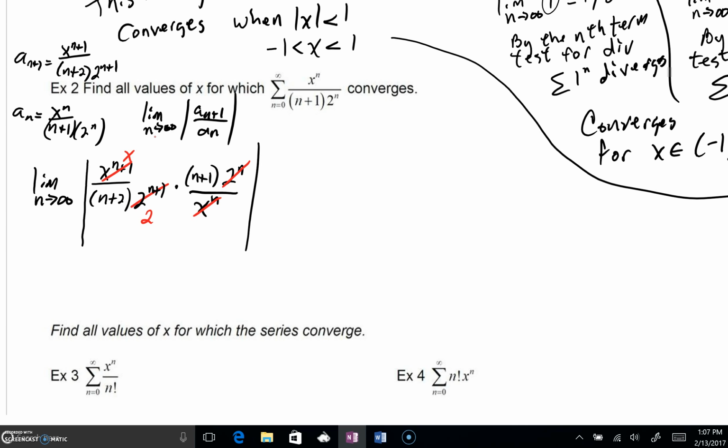I only have n down below. In other words, I have one extra term of x up above. Everything else gets canceled out. And now, if you're really on your toes, you're going to be able to help out with some n behavior too. What's happening with n plus 1 over n plus 2 as n goes to infinity? Where is that headed? To just a 1.